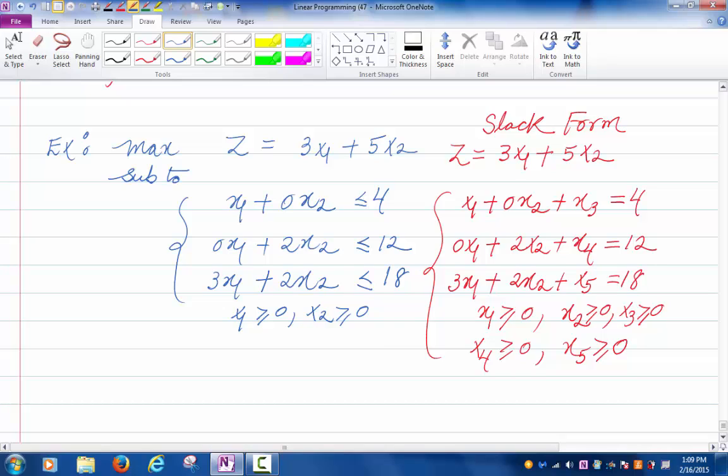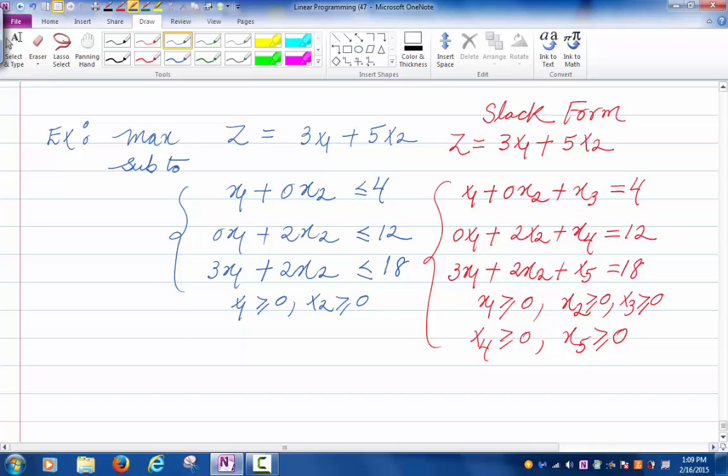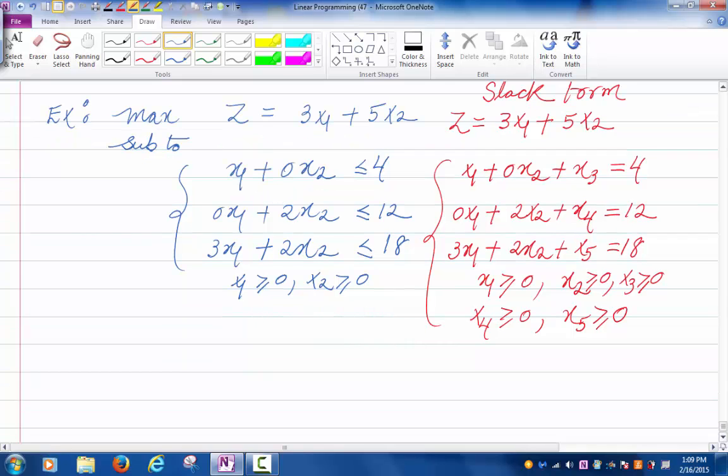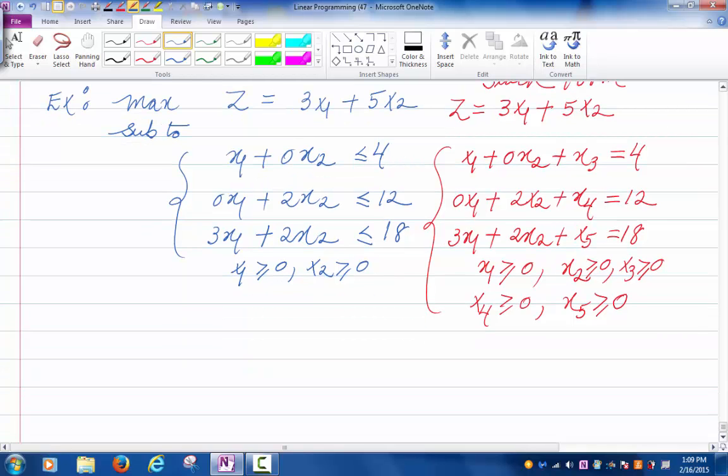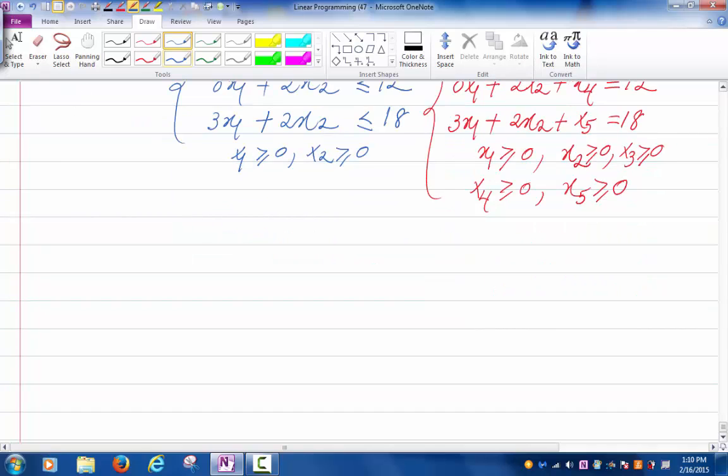But what we are going to do for our initial dictionary is designate the slack variables to be the basic variables. Okay, so let's do that. So our first initial dictionary, and what will that be?